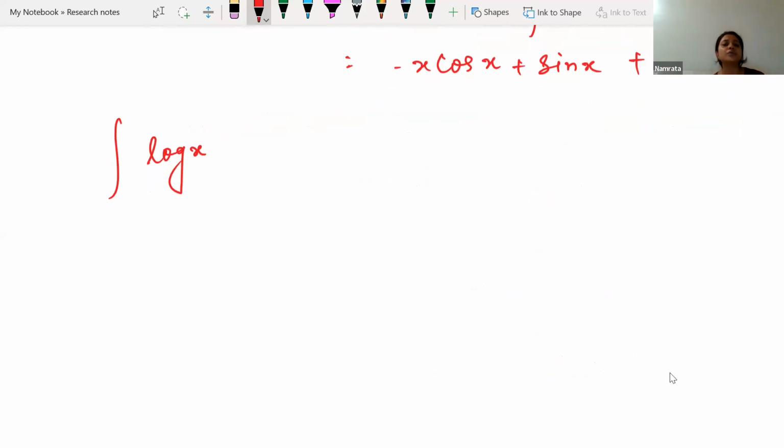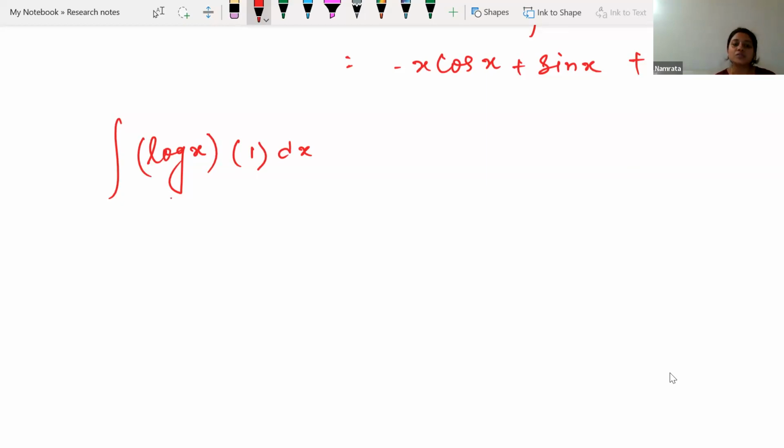So how are we going to take two functions f x and g x? Yes, we can take two functions over here. One is log x and another I'm going to take as 1, dx. Now which one is the first function, which one is the second function? Let's do it, and then I am going to show you why we choose whatever we will be choosing as the first function.